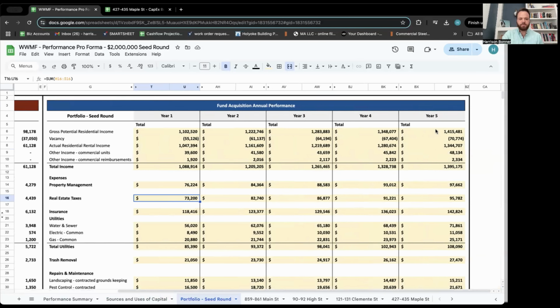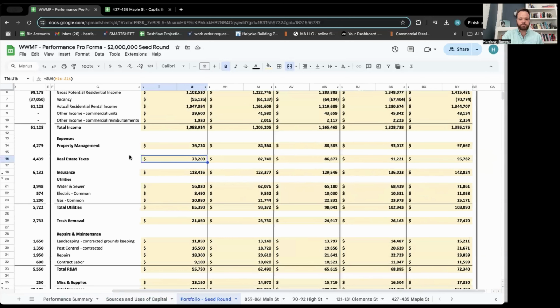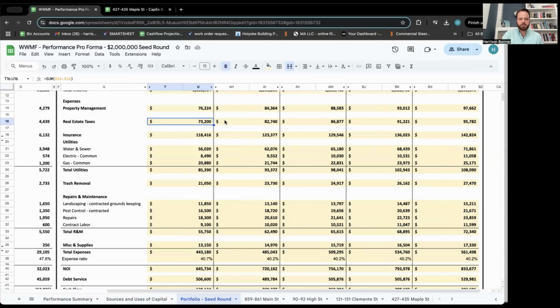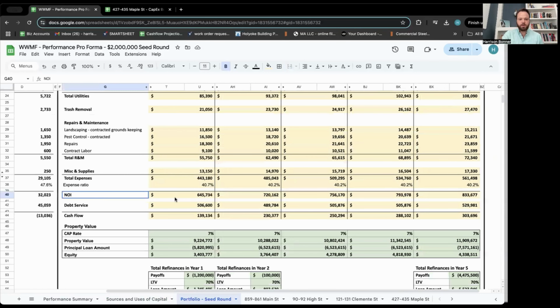So years 1 through 5, starting with income, subtracting our vacancy, any other income that we could generate, and then accounting for all of our expenses: property management, real estate taxes, insurance, utilities, trash, repairs and maintenance, all of these things. So we find our net operating income by year, accounting for our debt service, and this is where those cash flow numbers are coming from.